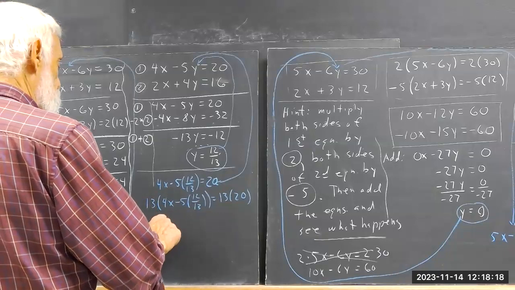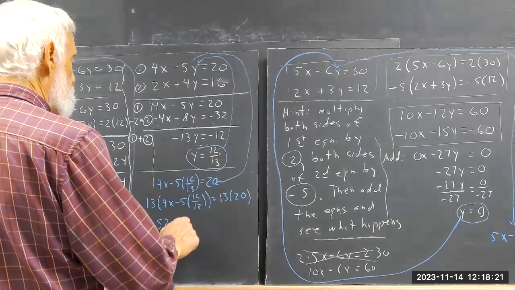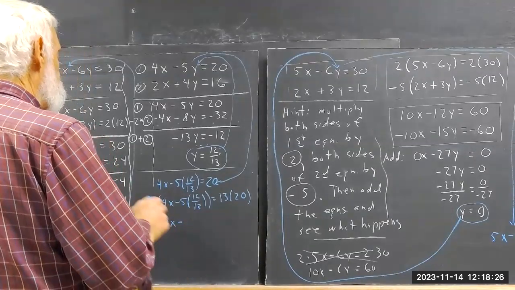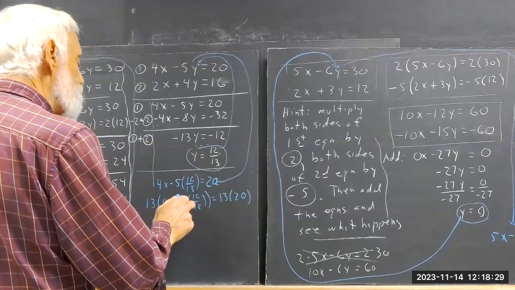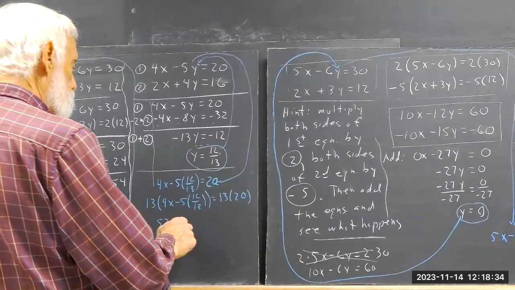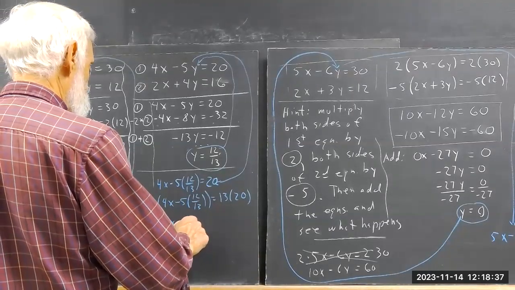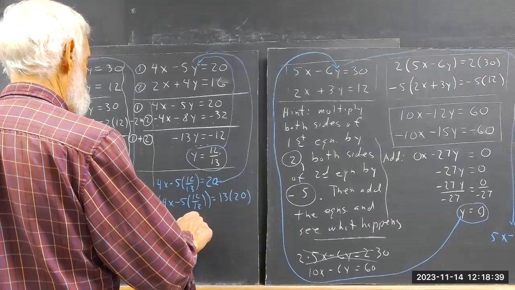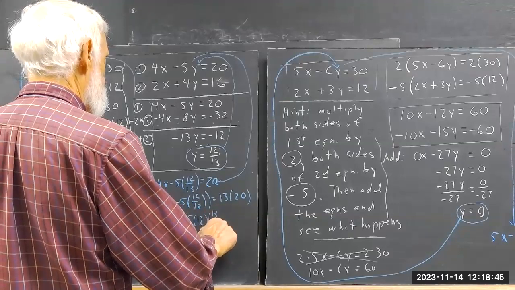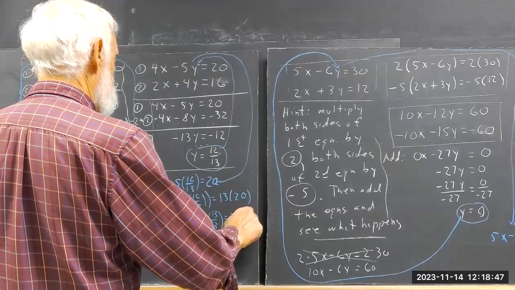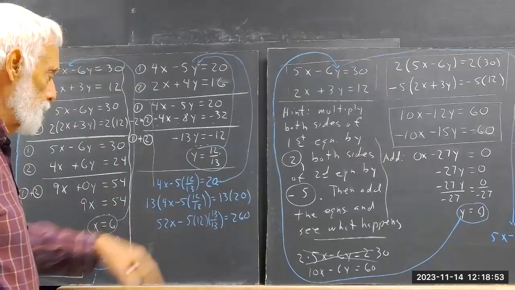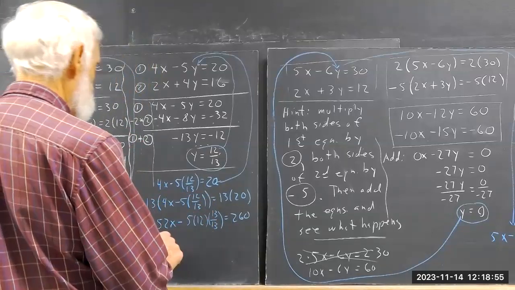Well, 13 times 4 is 52, so we have 52x minus, well, when we multiply something with a denominator of 13 by 13, the 13s divide out. I'll write it out in gory detail. We get 5 times 12, and we get a 13 over 13. 13 over 13 is just 1.